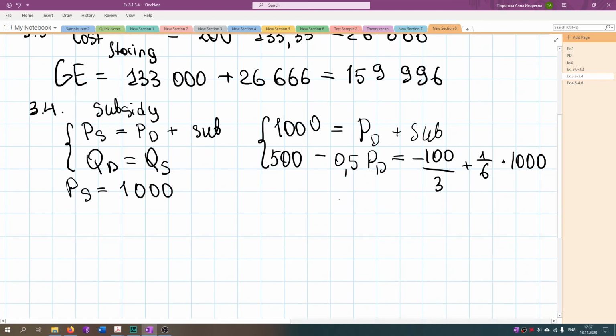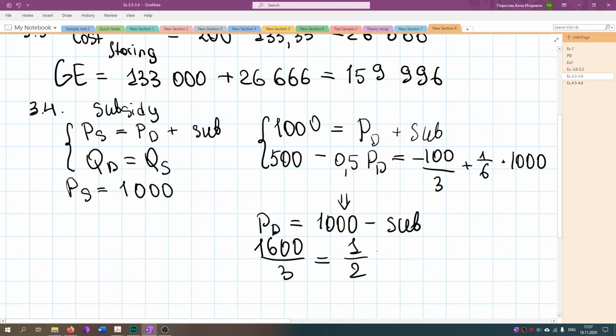So after simplifying this system, we will get that price for buyers is equal to 1,000 minus subsidy. 1,600 divided by 3 is equal to 1/2 price for buyers plus 500 divided by 3.